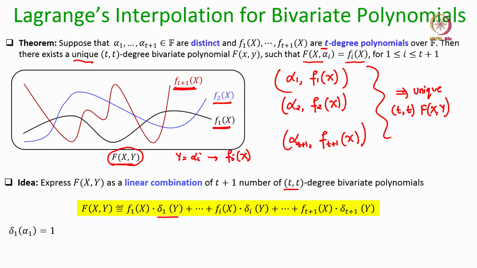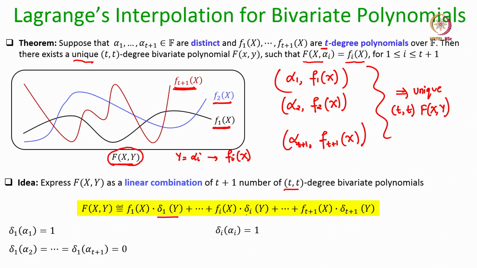So, for instance, if I take the first delta polynomial, then all the alpha components except alpha 1 should be the root of this delta 1 y polynomial, and this delta 1 polynomial evaluated at y equal to alpha 1 should give me the value 1. Since this delta 1 polynomial has t number of roots, that automatically implies that its degree will be t.